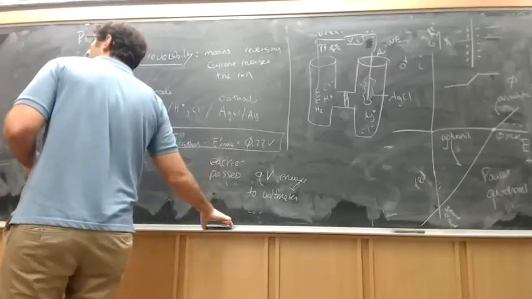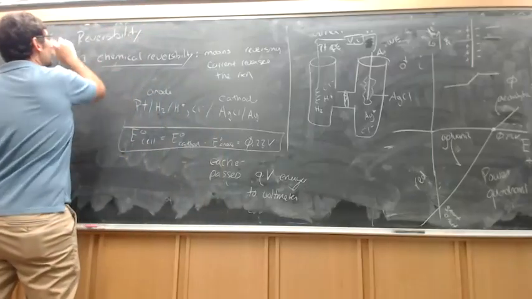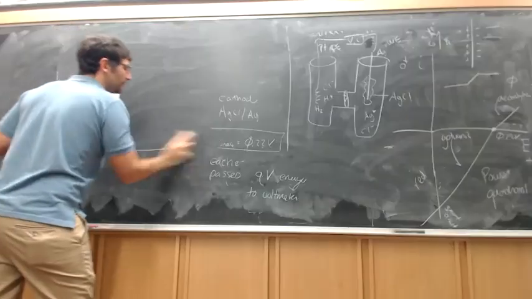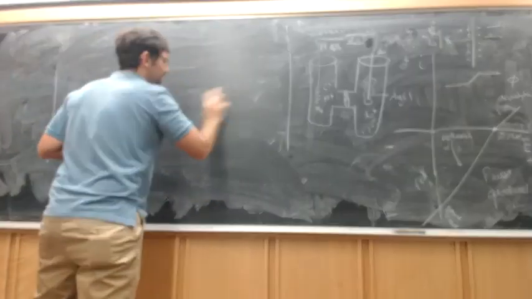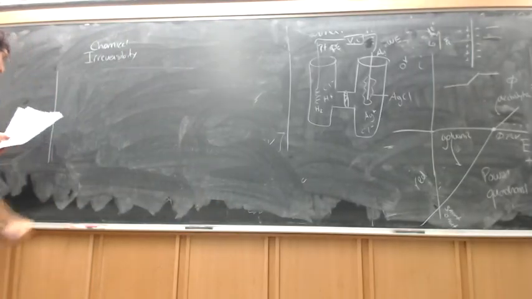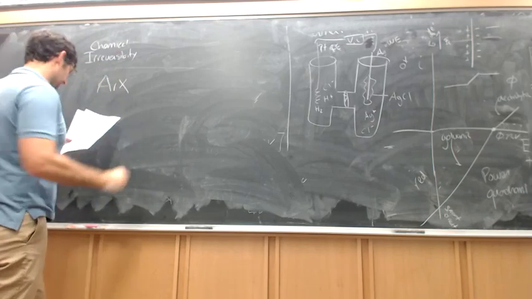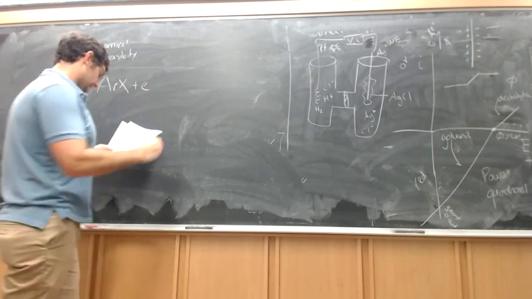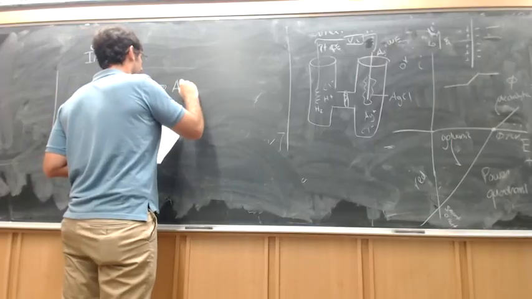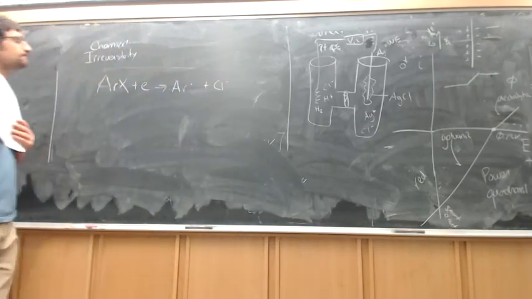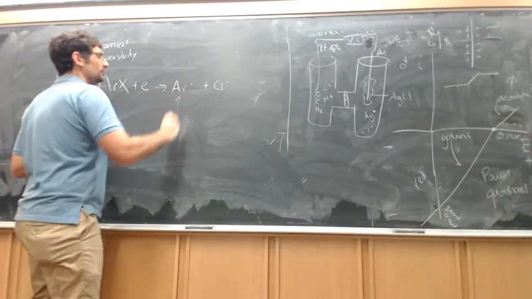There is such a thing as chemical irreversibility, just so you have a full understanding here. Chemical irreversibility, like if you take an aryl halide and you reduce it, you often form an aryl radical plus anion, and these are very unstable, right?